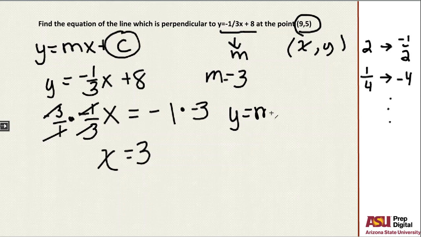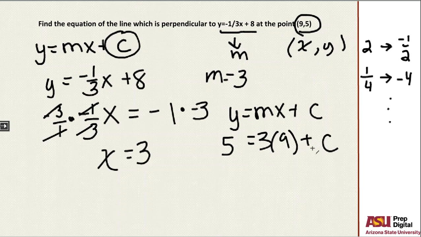y equals mx plus c. I'm going to plug in my new m that I just found, and I'm going to plug in this x and y. And so I get 27 plus c is equal to 5.